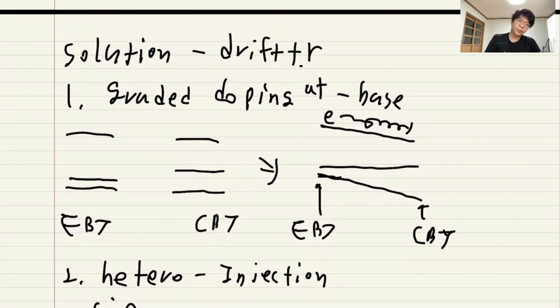At the emitter-base junction, we dope the base relatively highly, and at the collector-base junction, we dope the base relatively lightly. So, like graded doping, we give a gradient to the base.